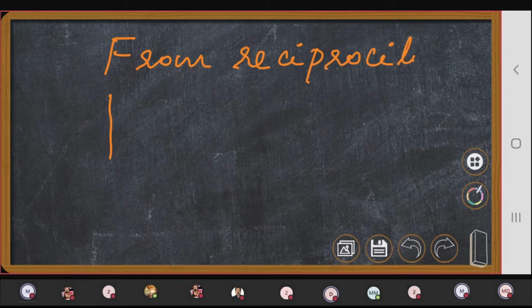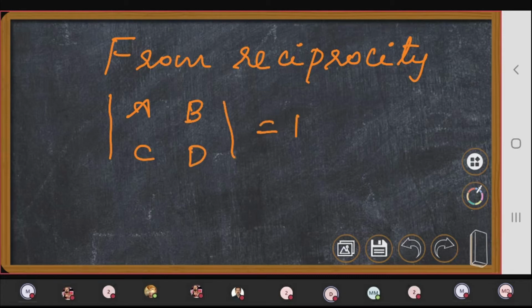From reciprocity, we know the determinant of the matrix A, B, C, D equals 1. So we may write the relation as AD minus BC equal to 1. So option A is correct.